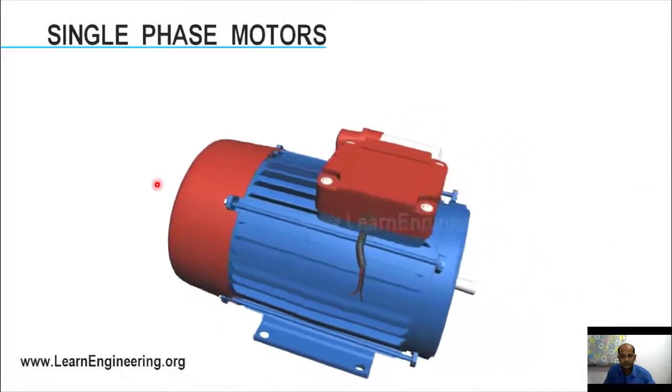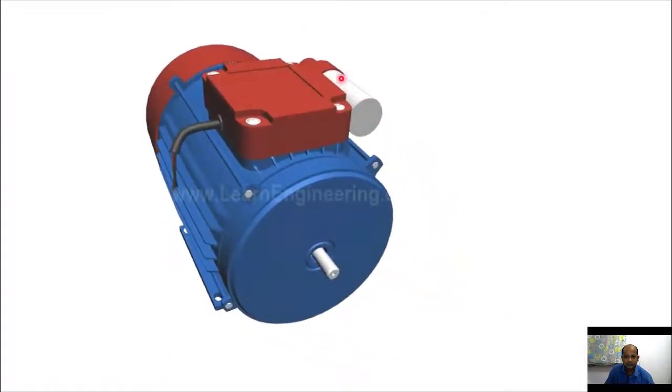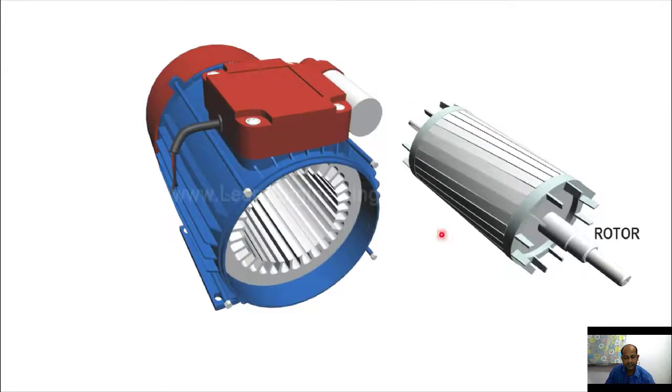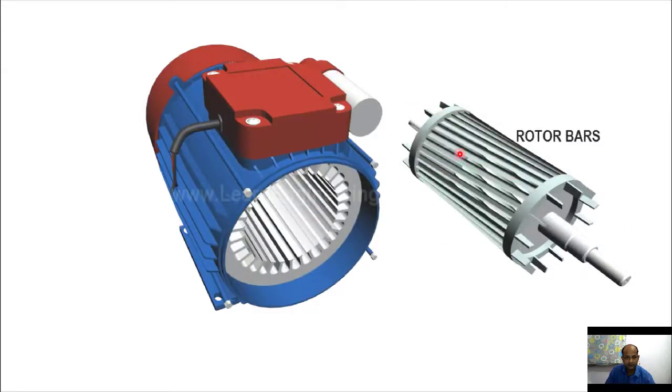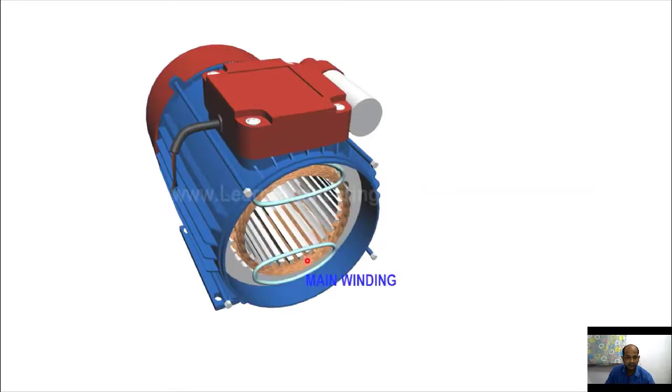This is the capacitor which is connected with the auxiliary winding to start the induction motor initially. This is the rotating part, the rotor, in skewing condition. See here the rotor bars are skewed for noise free operation. This is the stator, this is the main winding, and this is the auxiliary winding, which is at 90 degrees to the main winding.